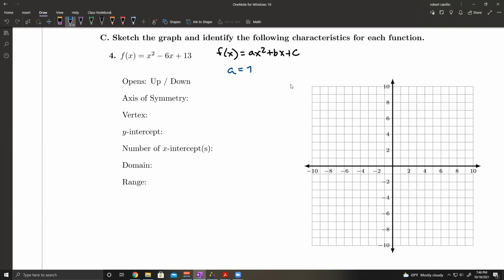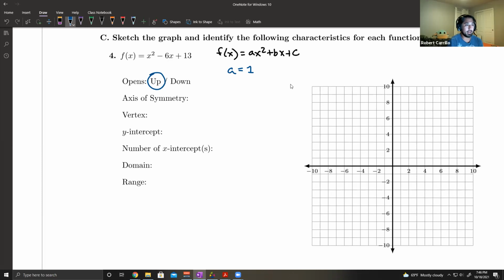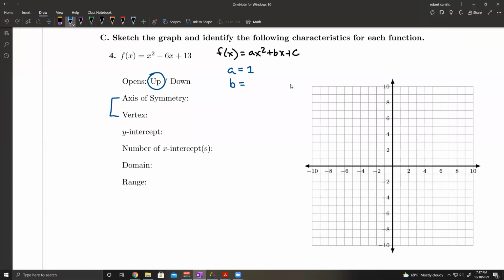1. That is positive, so we will open up. Perfect. And then in order to find the axis of symmetry and the vertex, we actually need to find the vertex first. So let's go ahead and label b. And what is the value of b? -6. Good.